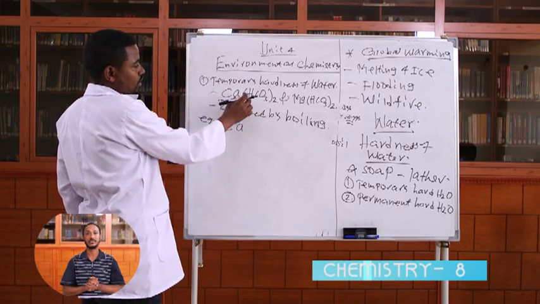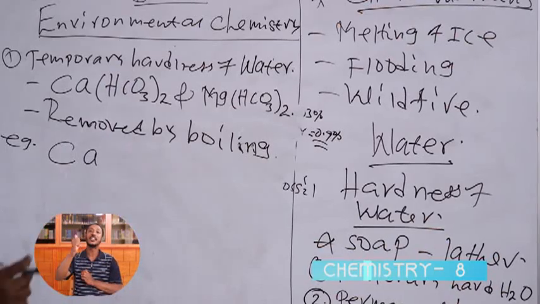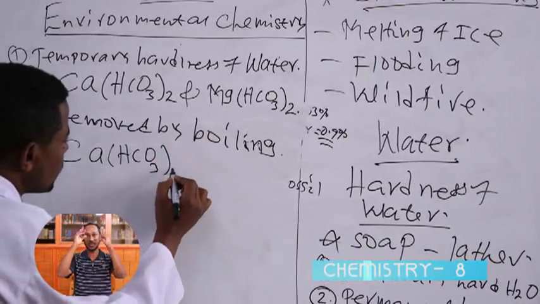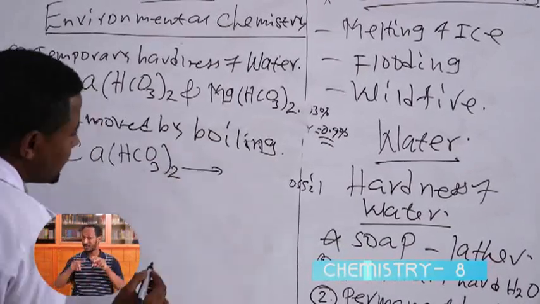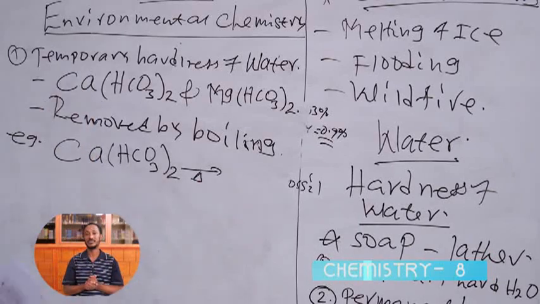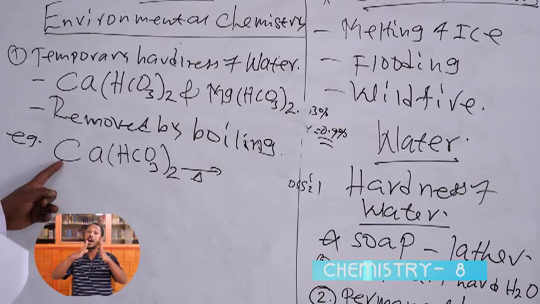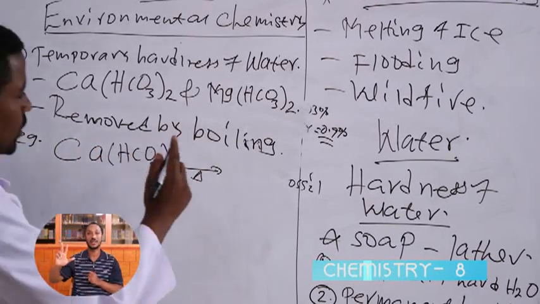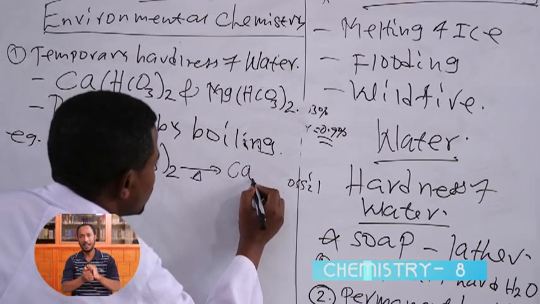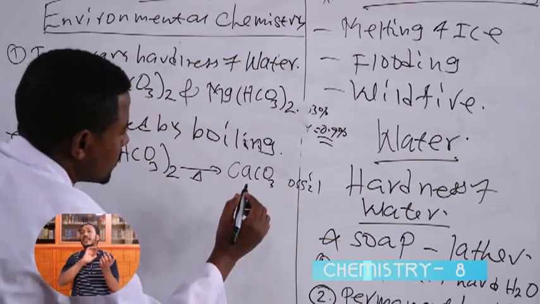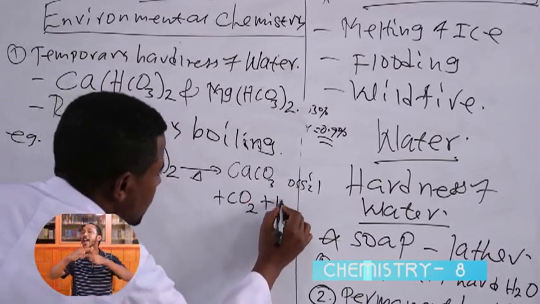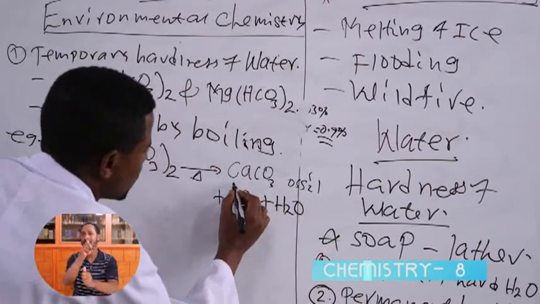If it contains, for example, calcium hydrogen carbonate, when we heat it, the calcium hydrogen carbonate is converted into calcium carbonate plus carbon dioxide plus water.